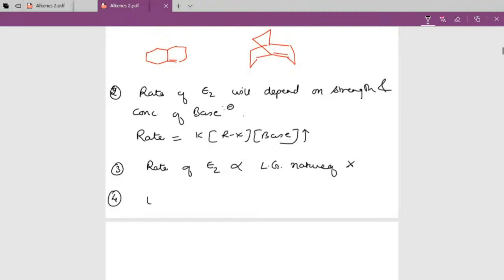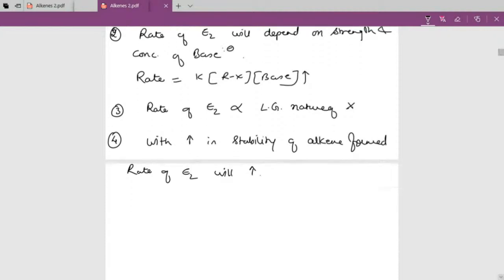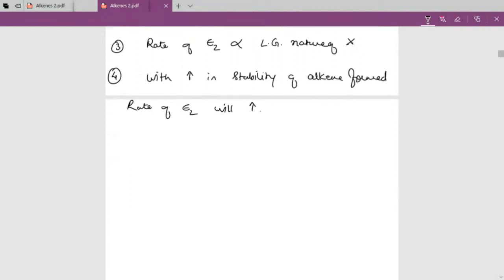Point number 4, with increase in stability of alkene formed, rate of E2 will increase. As we have just discussed, Hammond postulate, as the alkene formed becomes more and more stable, E2 certainly will become better and better, faster, and the yield will improve.